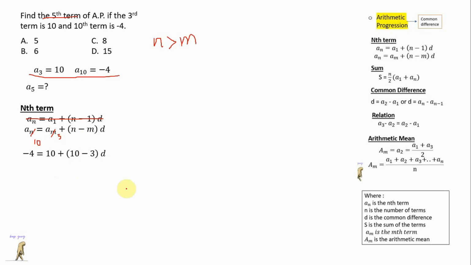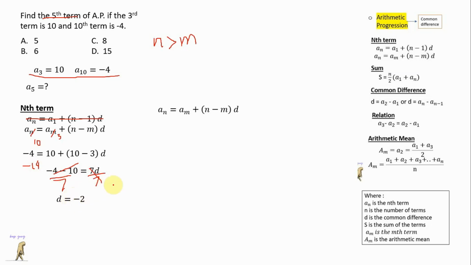So we just need to simplify them. 10 minus 3 is 7. And then we transpose the 10 to the other side. It becomes negative 10, then negative 4 minus 10 is negative 14. And we just need to divide both sides by 7 in order for this to be cancelled out. And then we will get the value of d, which is negative 2.